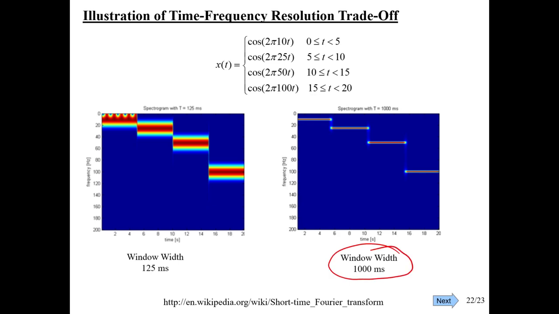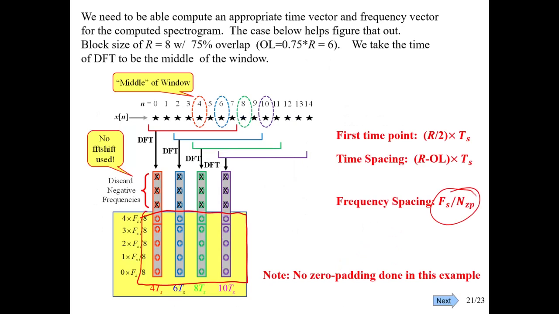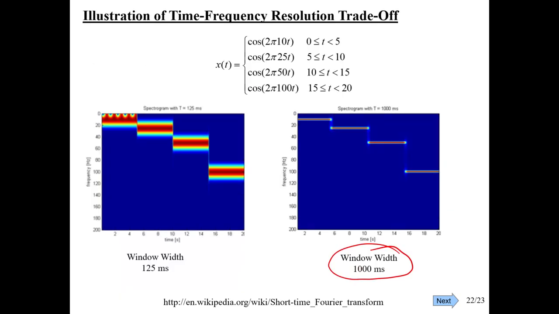But then what ends up happening is if I go to a longer window length, so I let my R go larger. So R was the block size in our example here. So now I go to 1,000 milliseconds. So whatever that is for whatever sampling rate they used here, I don't remember. But now we see that there's less spread.